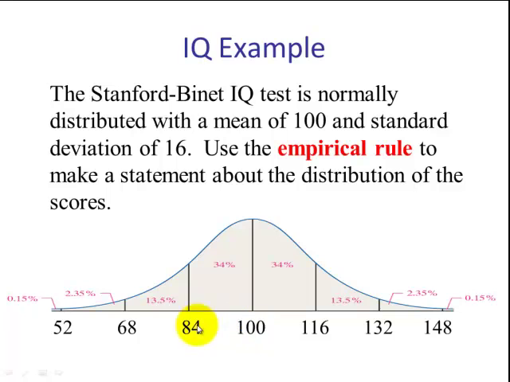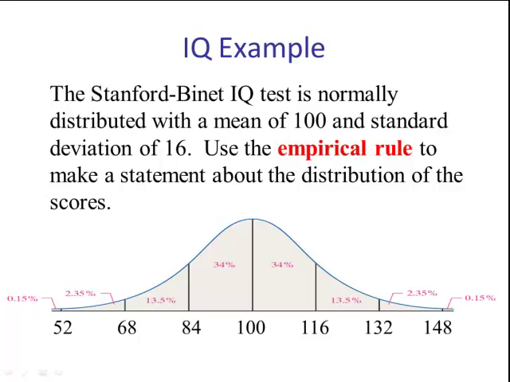If we go two standard deviations, this would be minus 16 minus 16, and two above, that's 32 plus 100, 132. This will contain 95%. And if we go one more standard deviation below and one above, we expect 99.7% of the scores to be within 52 to 148.